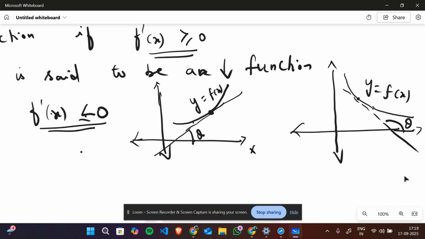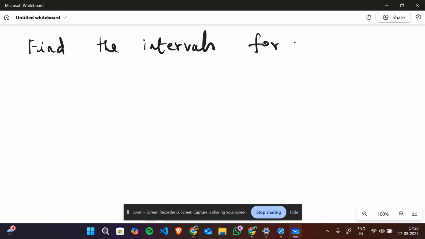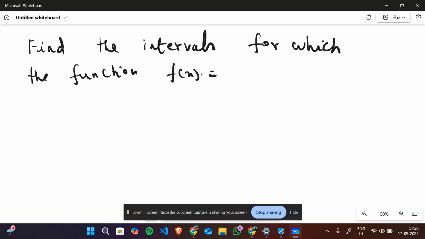So find the intervals for which the function f of x equal to 2x cube minus 15x square plus 36x plus 17 is an increasing function, decreasing function.